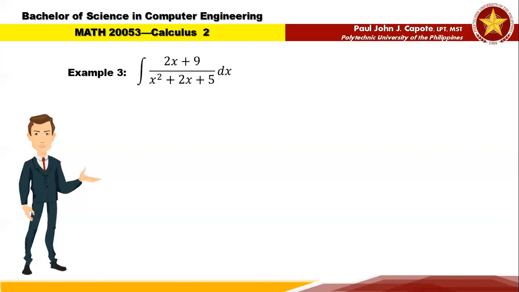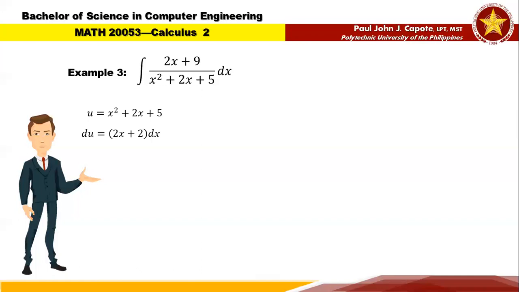To make it clear, we let u equal x squared plus 2x plus 5. Deriving u, we get 2x plus 2 dx, which is somehow related to the remaining terms of the integrand, that is the numerator and the notation dx.